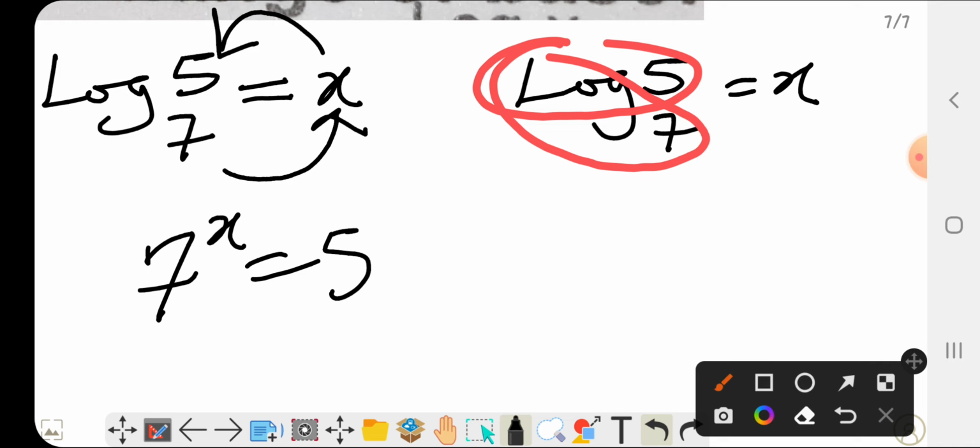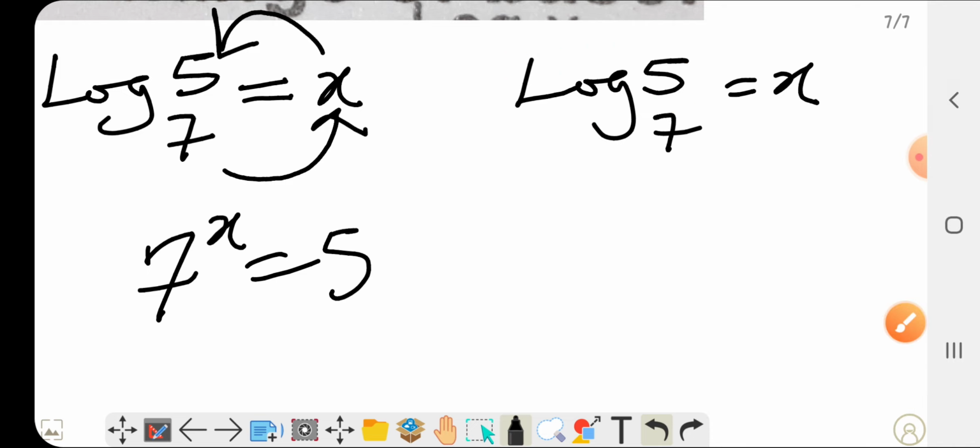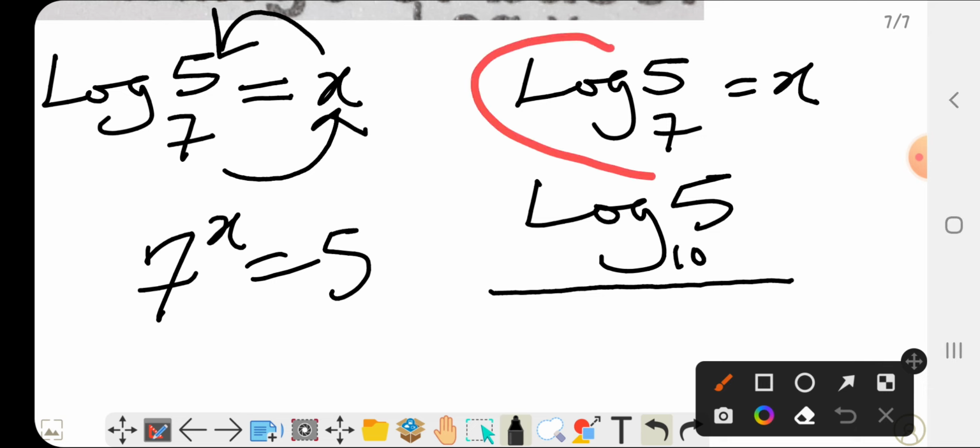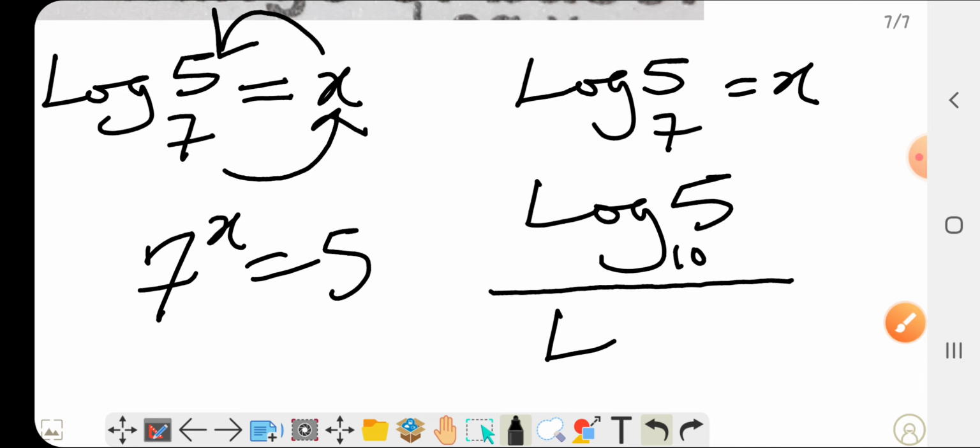You write log 5 base 10, see, I'm giving both of them base 10, divided by log 7, and give it base 10. Why am I giving it base 10?